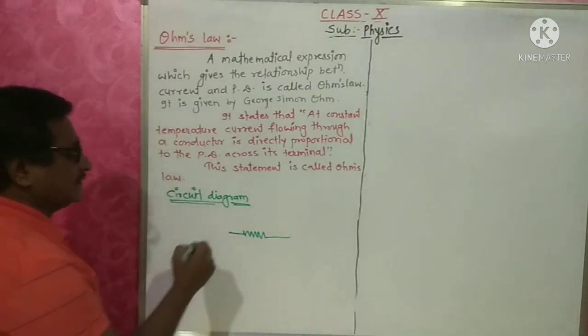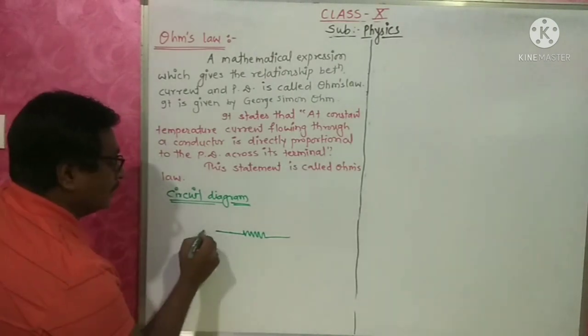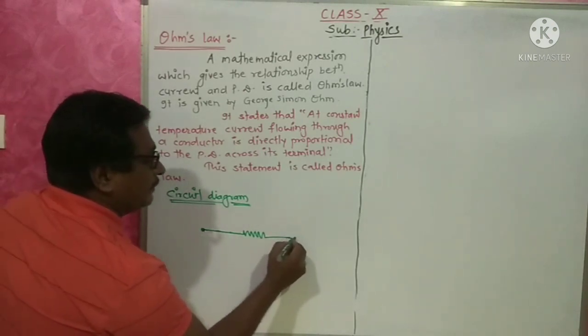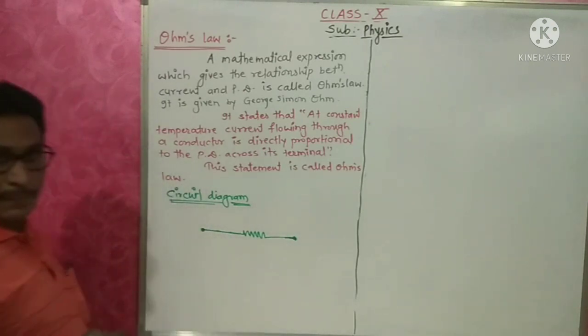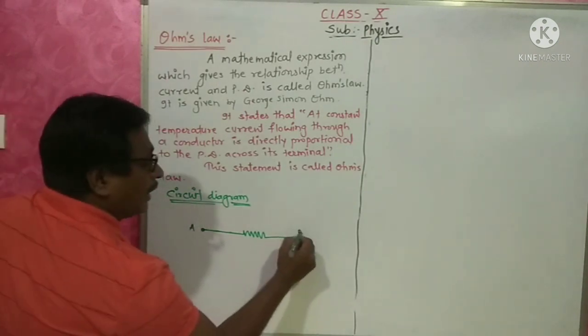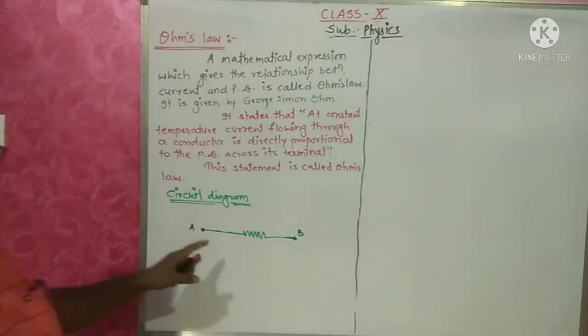This is the resistance, terminal A, terminal B. This is how to connect while doing the experiment in the practical lab.